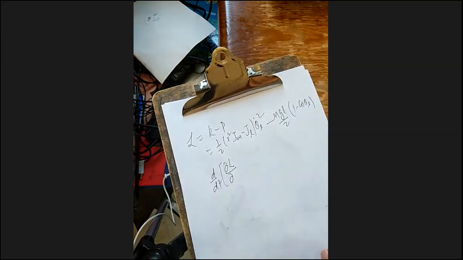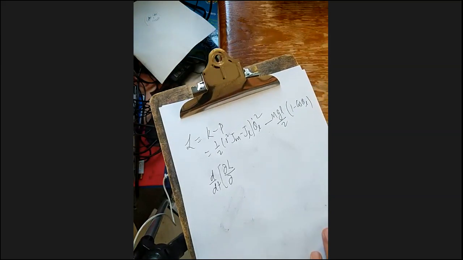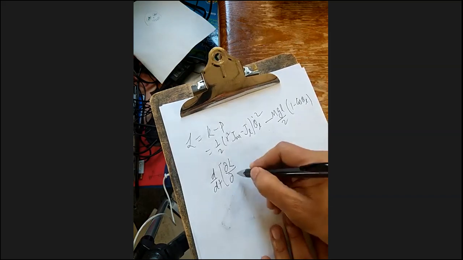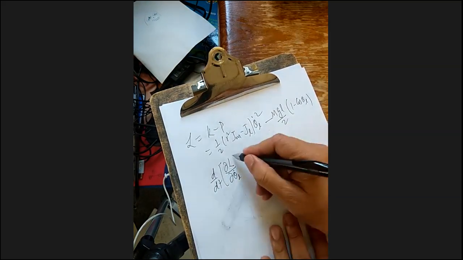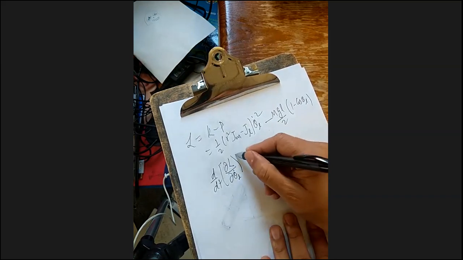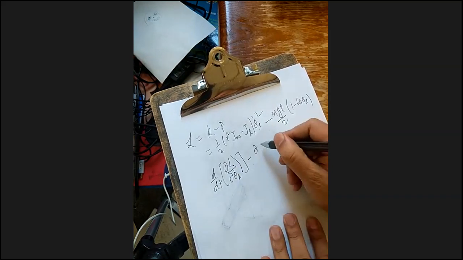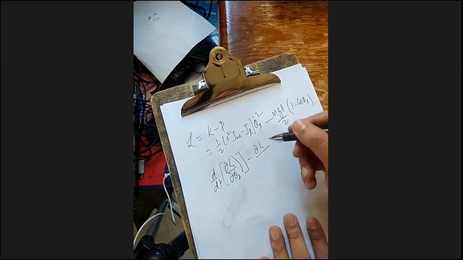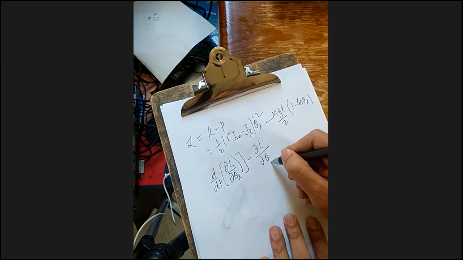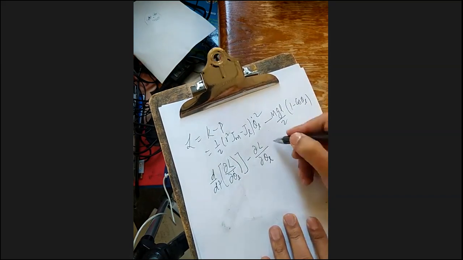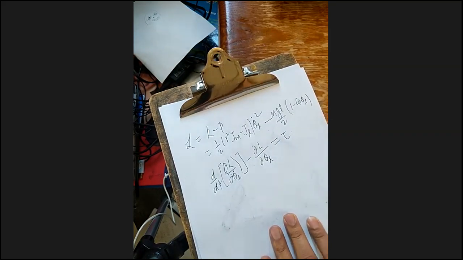Theta L, right? Because we have two thetas, one is theta M, the other one is theta L. So theta L is my generalized coordinate. That's why I'll write this as theta L dot. Minus the partial of L with respect to theta L, not dot, equals tau. That's my Lagrange equation.